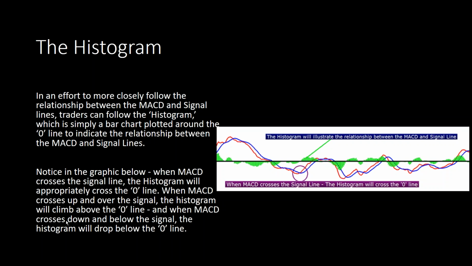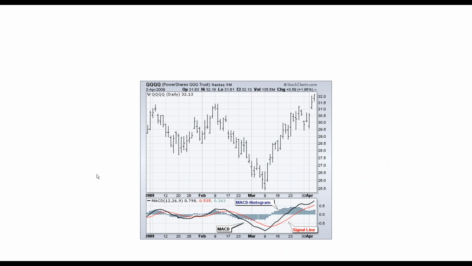And when the MACD crosses down and below the signal line, the histogram will drop below the zero. So again, all it is is a visual representation of the differences of the mathematical calculations. Most successful traders trade from simply the histogram, because all it's doing is giving you all of these lines together in a simple, easy to see format.